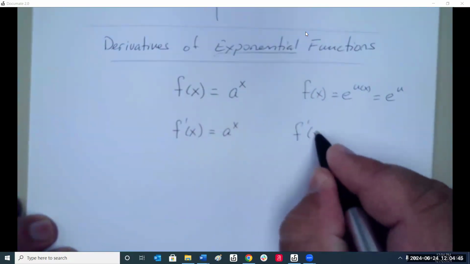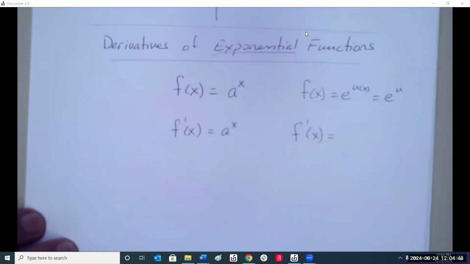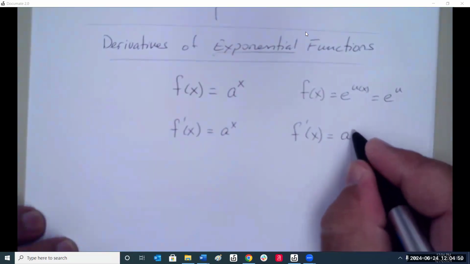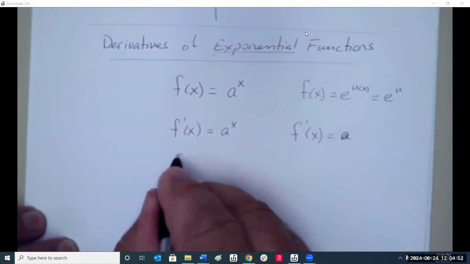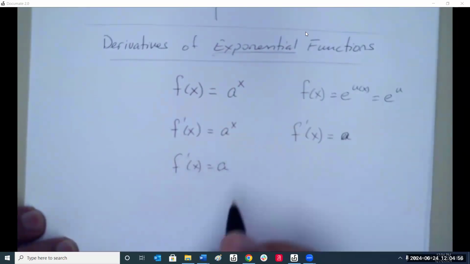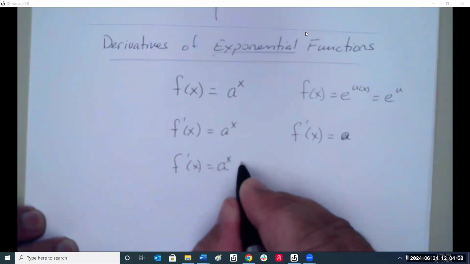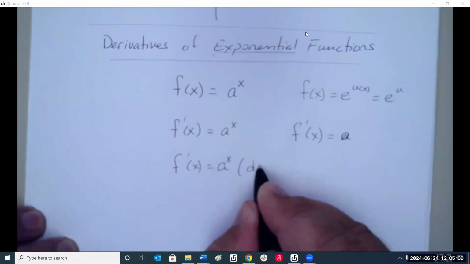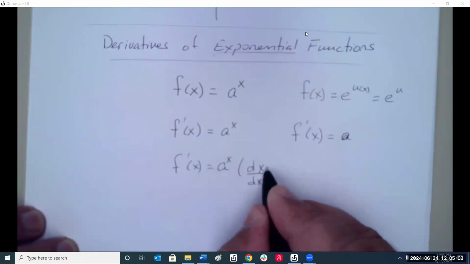So the derivative is the function itself times the derivative of your exponent.